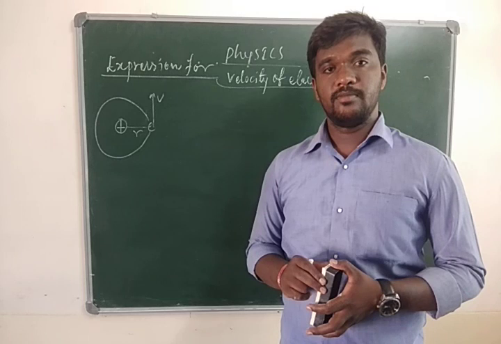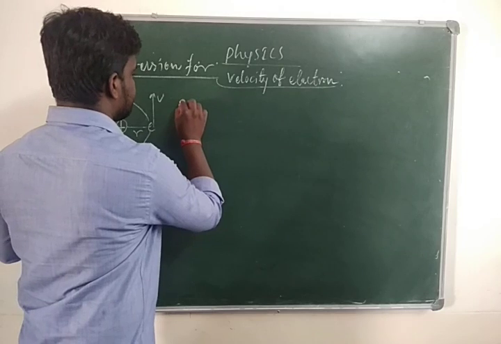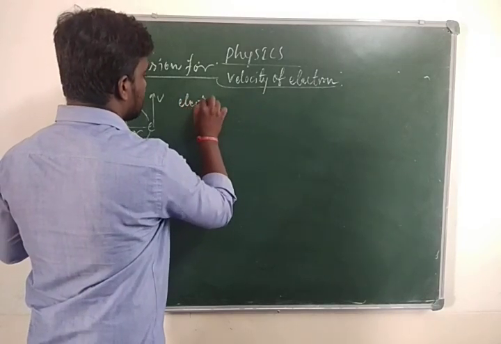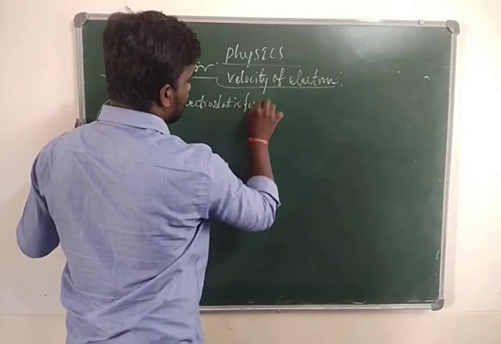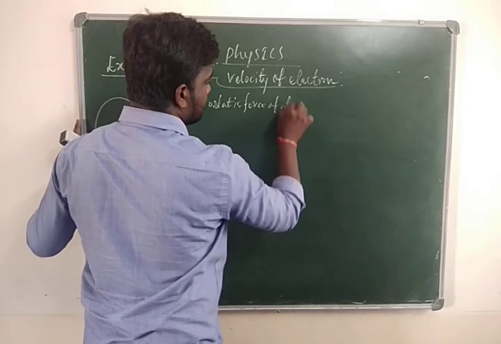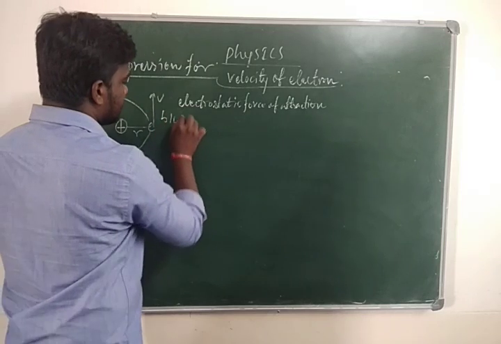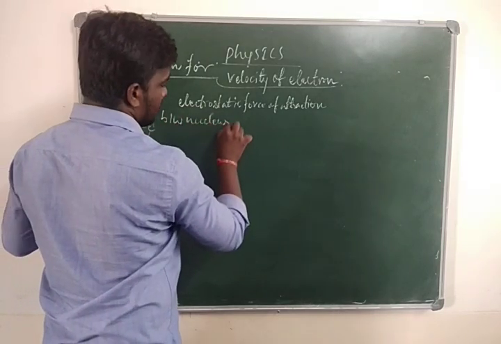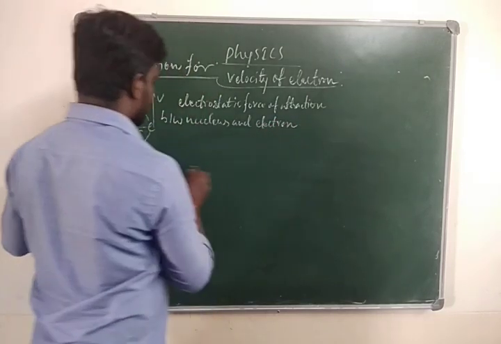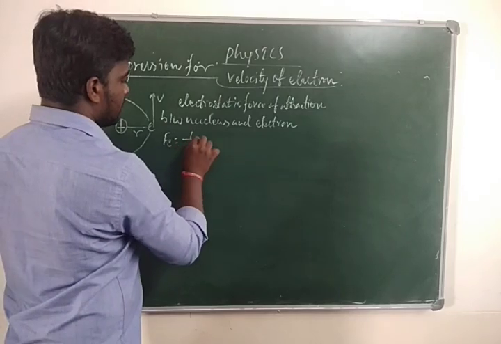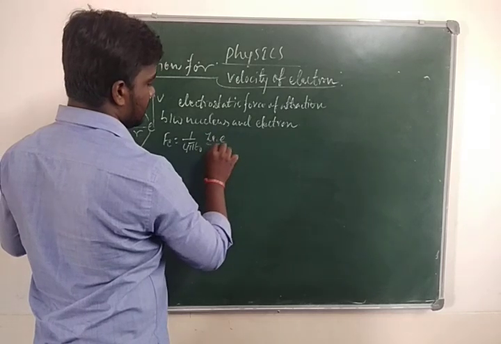So let the electrostatic force of attraction between the nucleus and the electron be Fe, which is equal to 1 by 4 pi epsilon naught into Ze into e by r square.